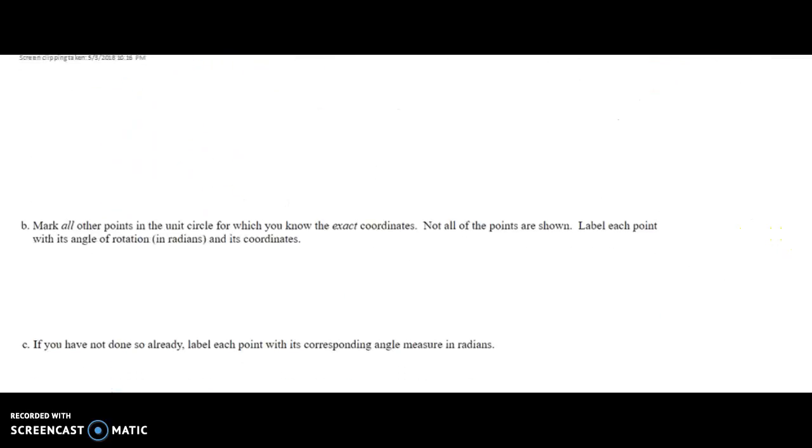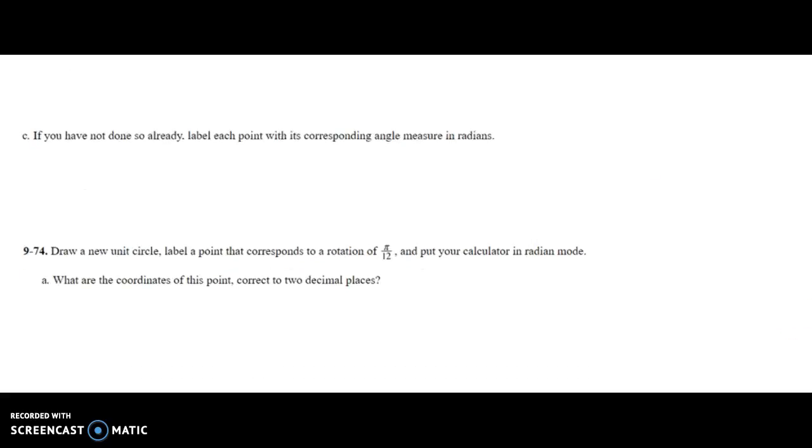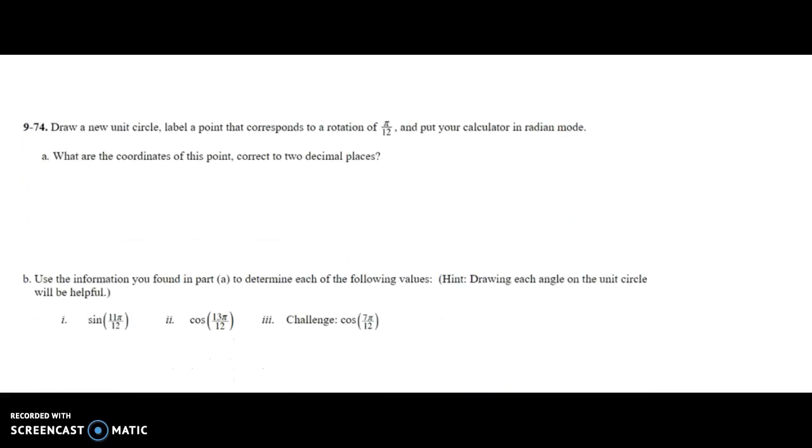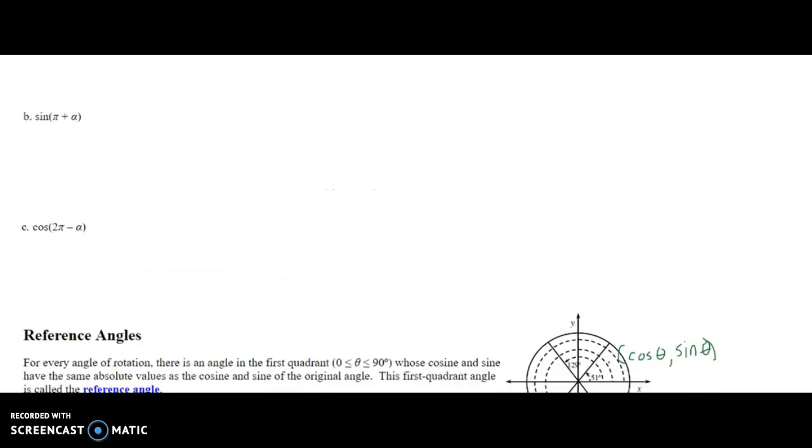And once you have that, you'll have finished part B, and in part C, it basically says if you haven't done so already, label those corresponding angles in radians. But hopefully you're doing those as you go along, and then you can move on to doing 974 and 975.